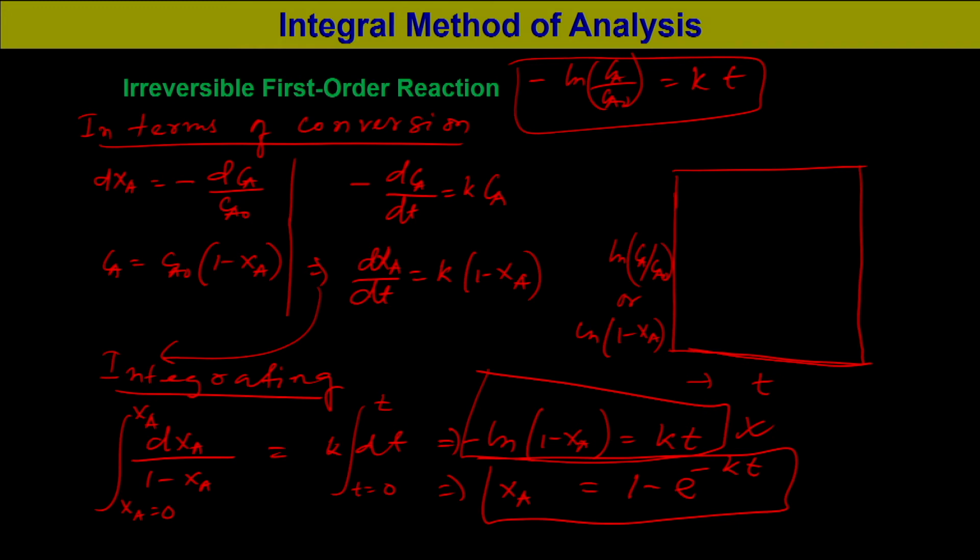So, if we have the rate data obtained from the batch reactor, we can feed the data and it will lead to a straight line passing through the origin with a slope equal to k.